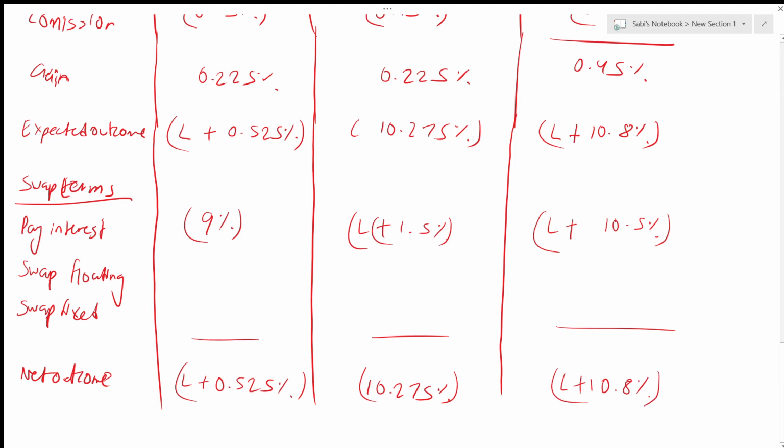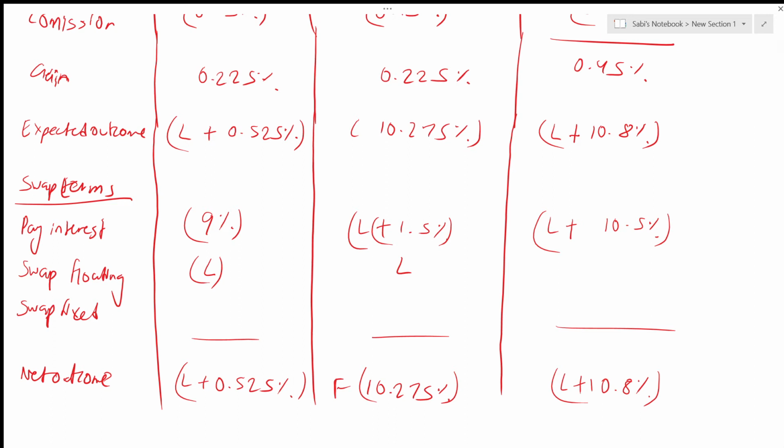So you can see from both the company A is having L plus 0.525, B is just having 10.275. That means A is the one who is paying floating. Paying floating means L will be in bracket, and this company is receiving L, so without bracket. Solved. B company's net outcome is in fixed, right? This is fixed, F. So when you swap the fix also, you have to start from that company, right?